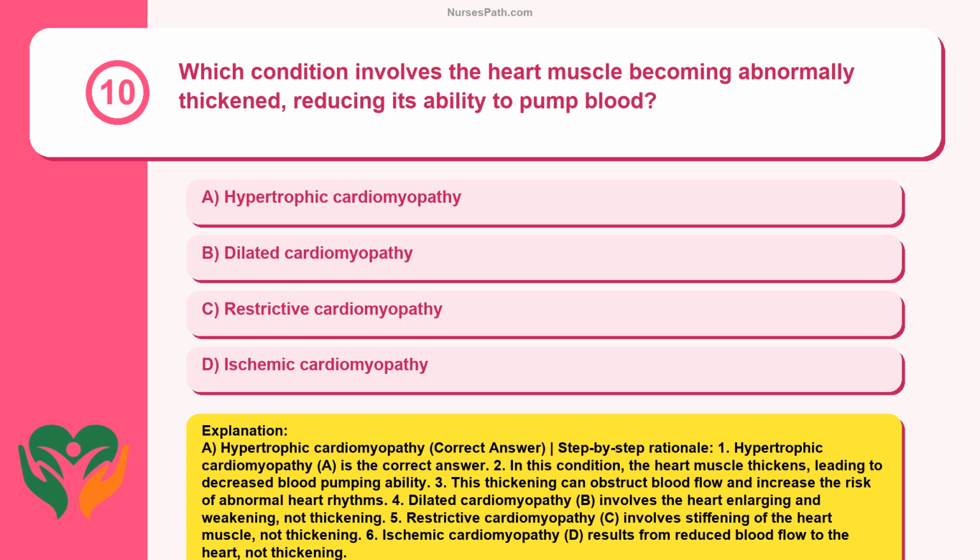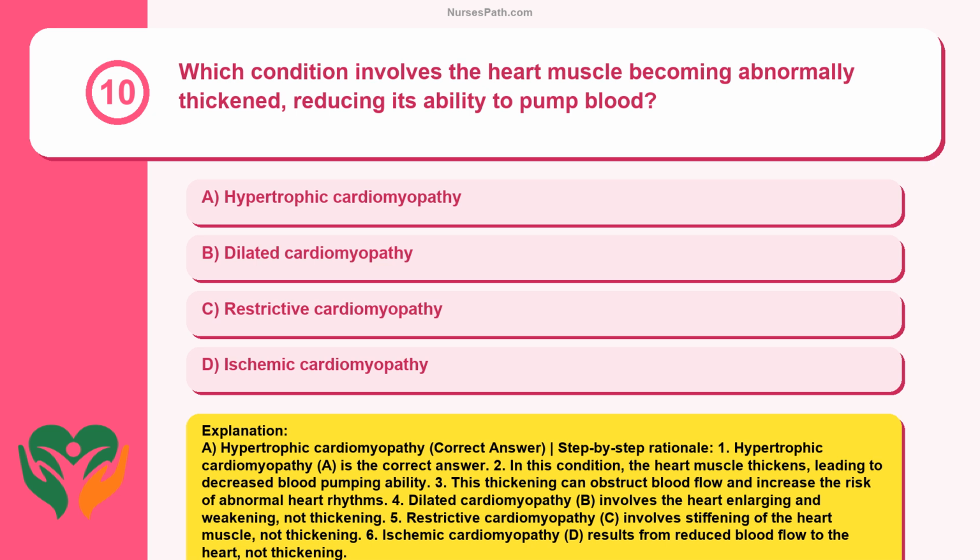A. Hypertrophic cardiomyopathy. Correct answer, step-by-step rationale. 1. Hypertrophic cardiomyopathy, A, is the correct answer. 2. In this condition, the heart muscle thickens, leading to decreased blood pumping ability. 3. This thickening can obstruct blood flow and increase the risk of abnormal heart rhythms.